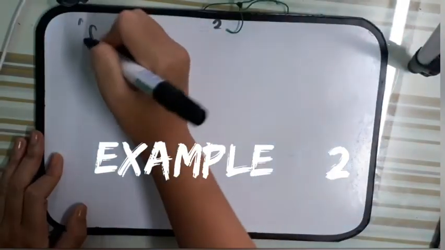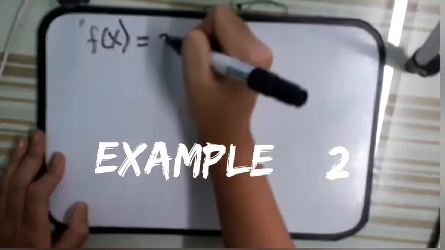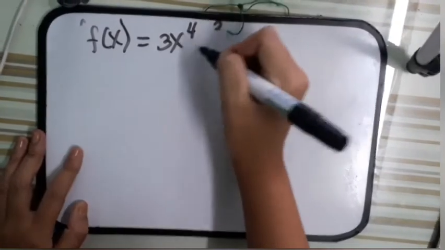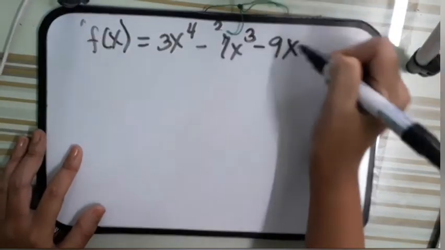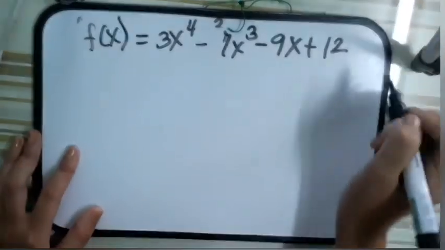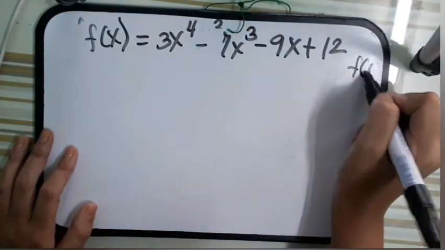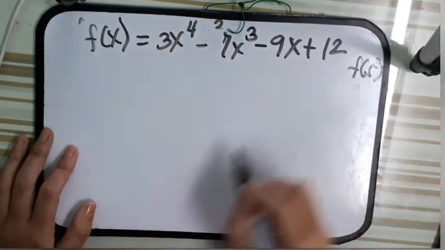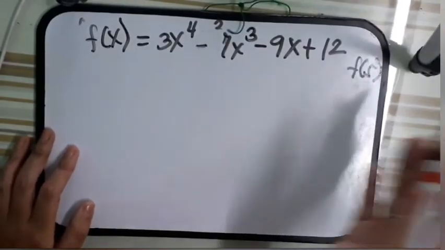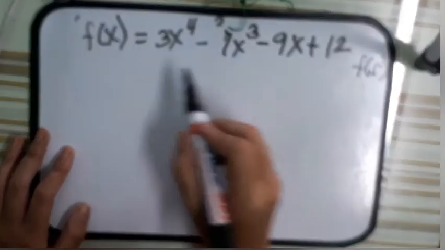Let's say I have f of x is equal to 3x raised to 4 minus 7x cubed minus 9x plus 12. We're going to use f of 5 to find the remainder.